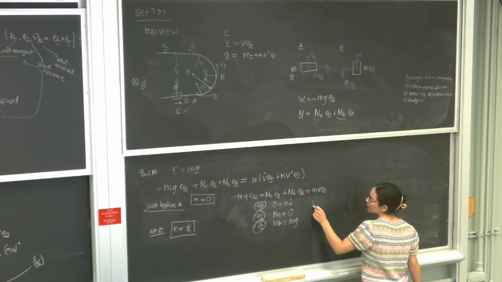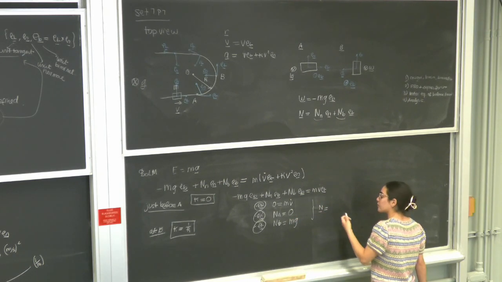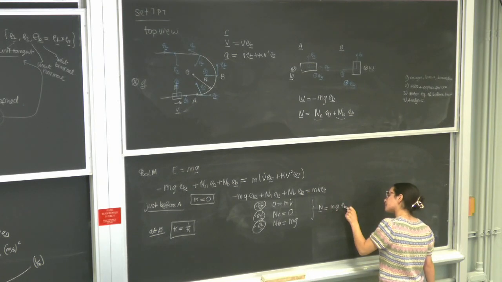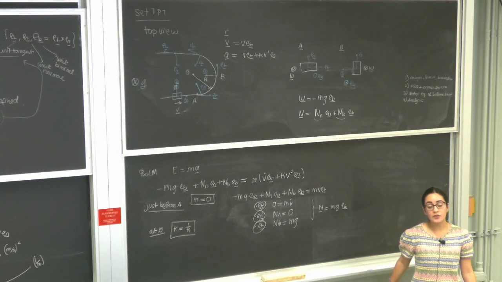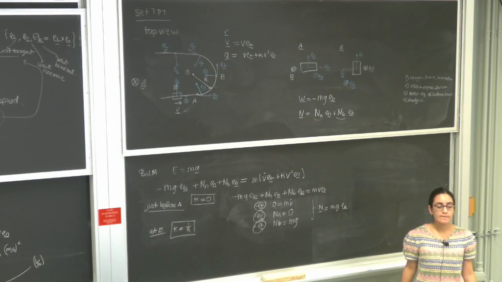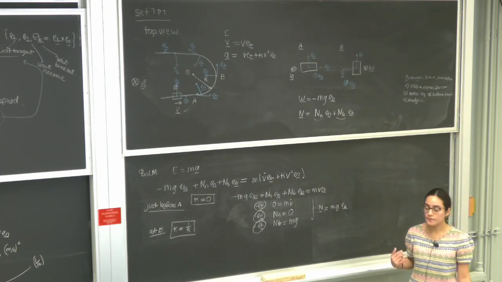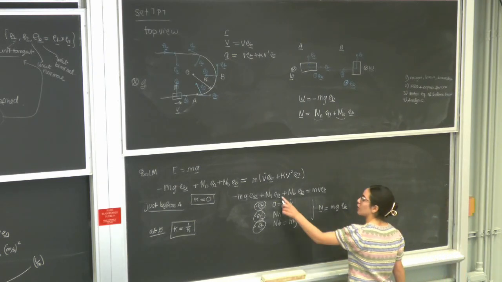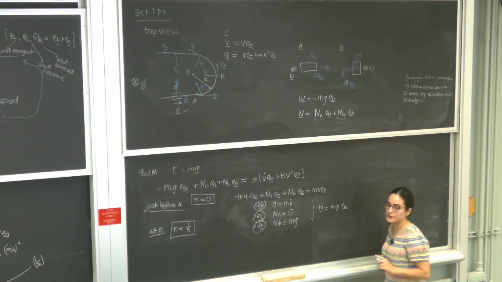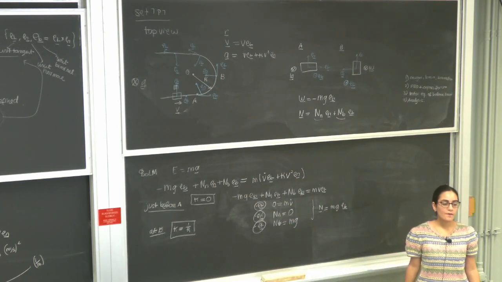So N basically is just mg e_b. What can you say about, well, first, questions? Other questions?